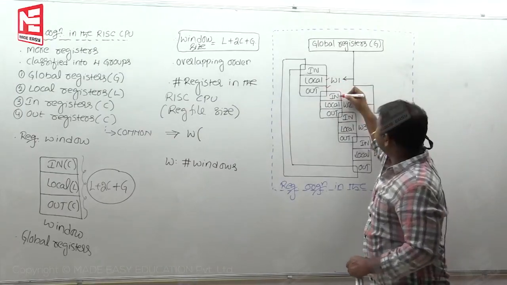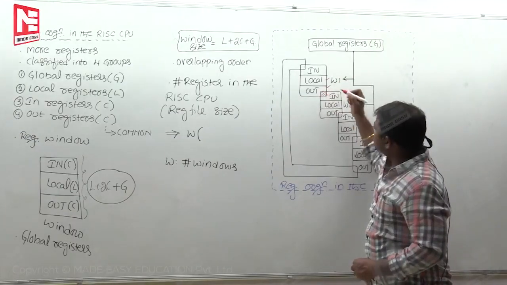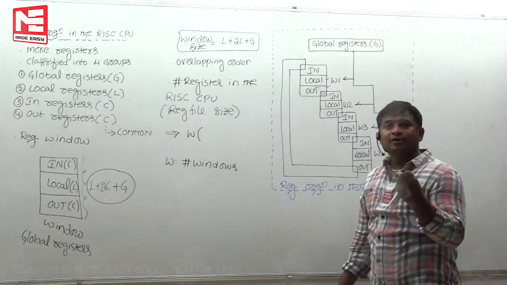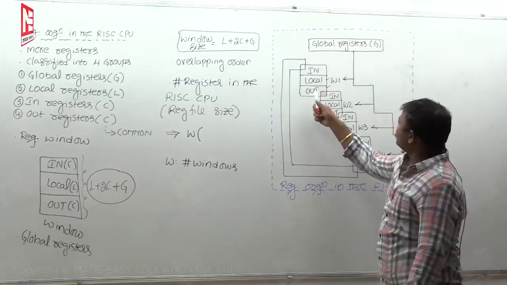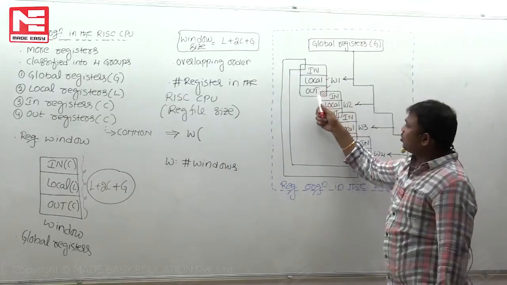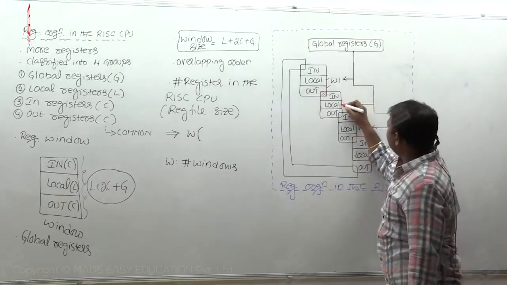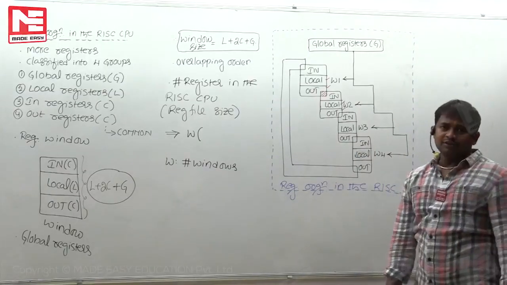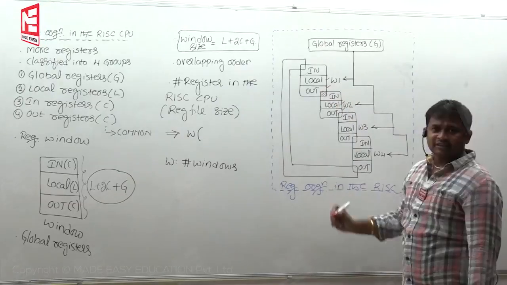In window 2, in registers and window 1 out registers are the same. So when we count the out registers in window 1, no need to count them again in window 2 as in. So in W2, we count local and out.